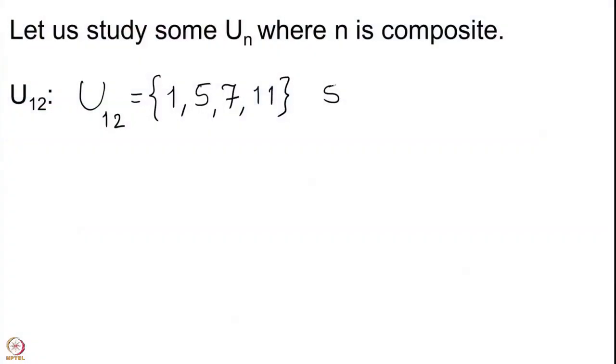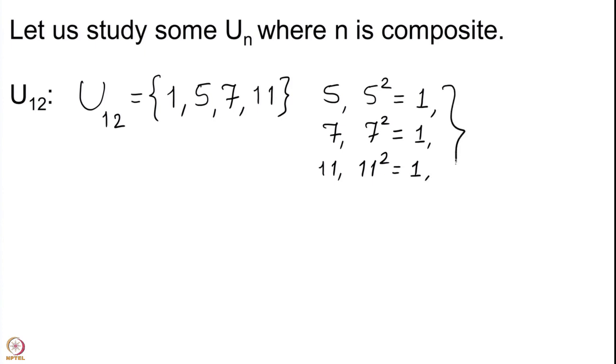So, if I now want to compute the orders of these elements, let us again look at the order of 5. So, you have 5 and you have 5 square, which is 25, but 25 is 1 modulo 12. Then you will look at 7 and 7 square is 49, which is also 1 modulo 12, and of course 11 square is going to be 1 because 11 is minus 1 modulo 12. So, these 3 tell you that U12 is isomorphic to C2 cross C2.